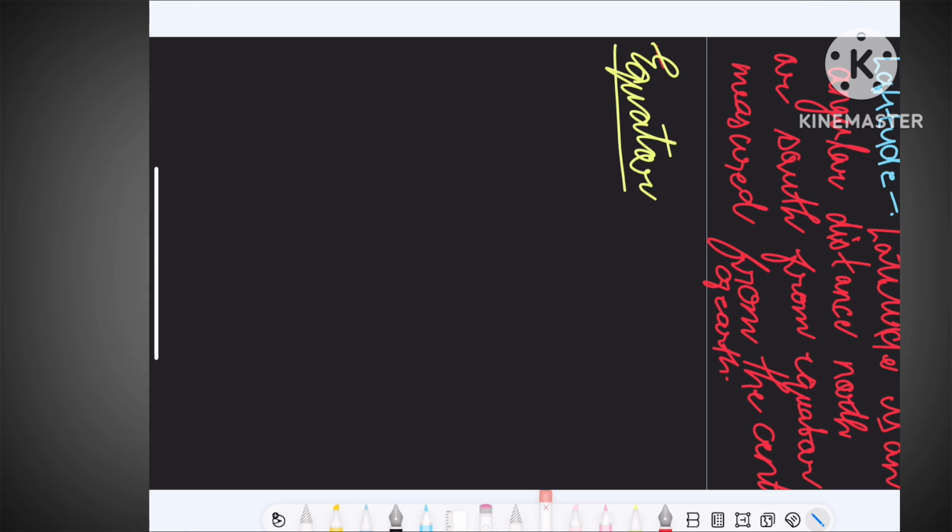Okay. These are some basic points about the equator. It is a reference line for measuring the distance of a place to the north and the south.